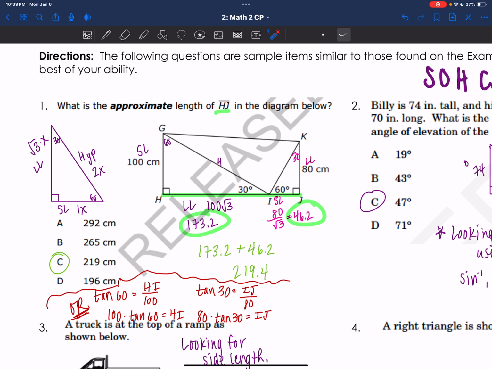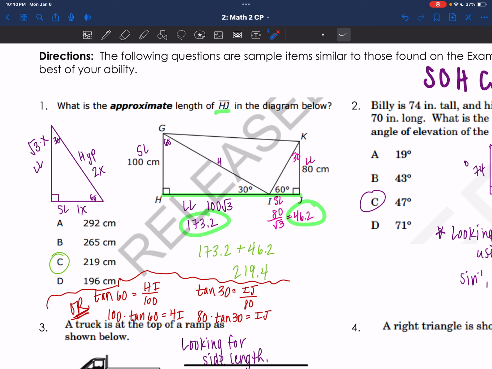That's what I did right here: I did 100, your short leg, times root 3, which gave you that, and I put it into the calculator. Then for this triangle, this is the short leg because that's 30 degrees there, and that's the long leg because it's 60.